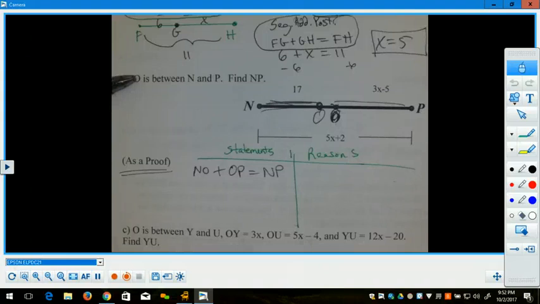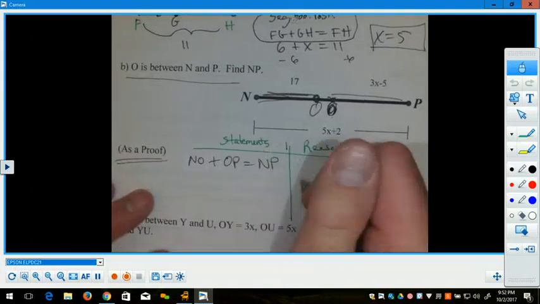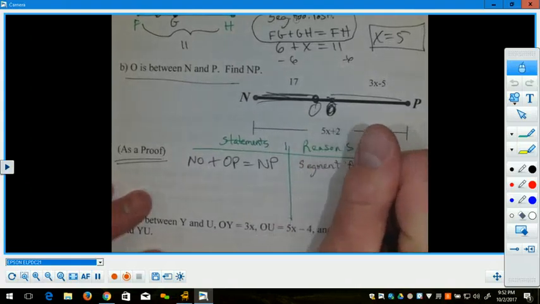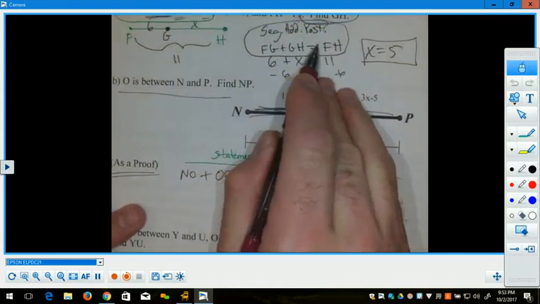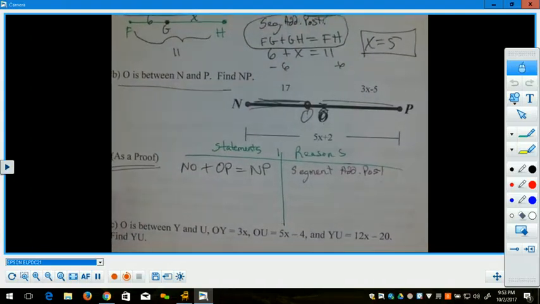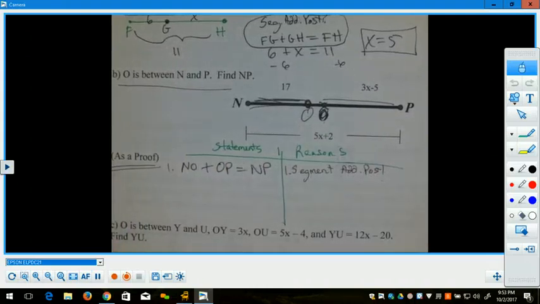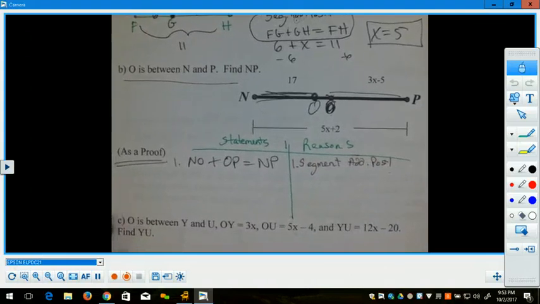What says we're allowed to say that? Well, this is basically right here the segment addition postulate. So that is my reason, segment addition postulate. And if you put seg add post, that's fine, I'll accept that. So that's our first step. Hey, I'm setting up this equation because Euclid's segment addition postulate tells me I can.